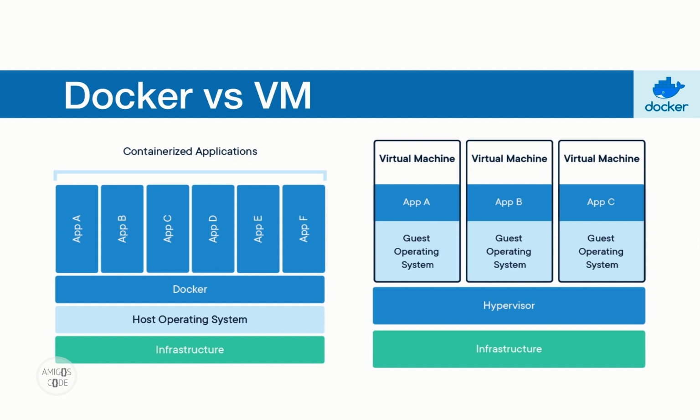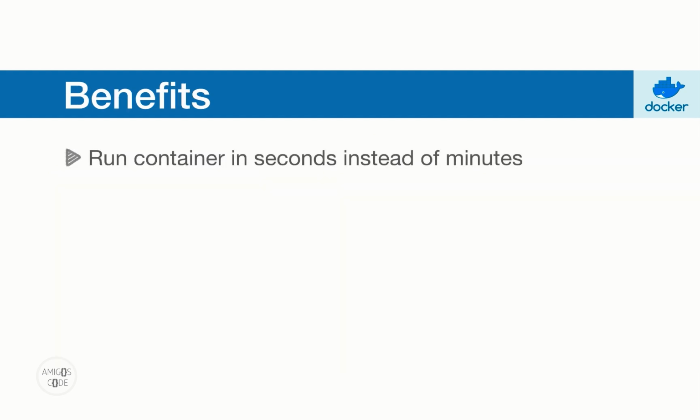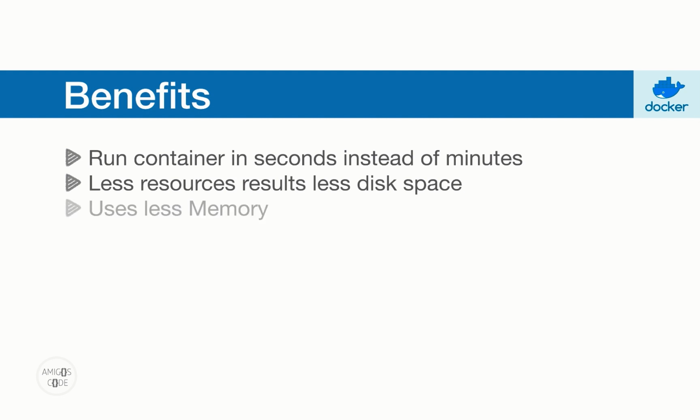The benefits of using Docker is that you can run a container in seconds instead of minutes. For you to spin up a full operating system, it takes a while. Also, fewer resources results in less disk space as well as less memory. These are very good advantages of using Docker instead of a virtual machine. And as I mentioned, you don't need a full operating system.